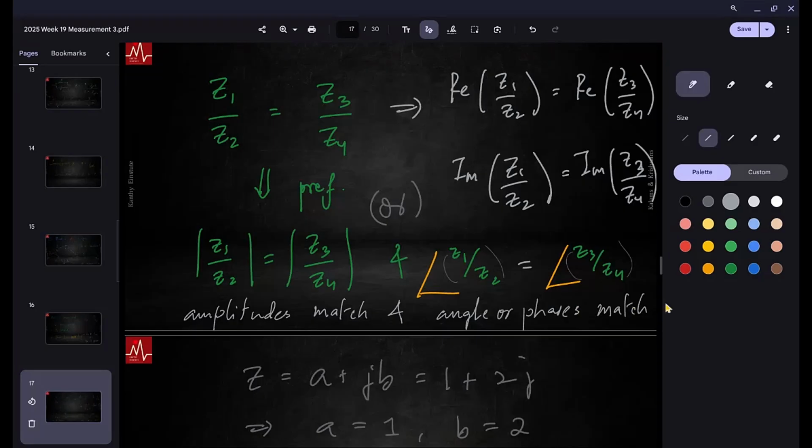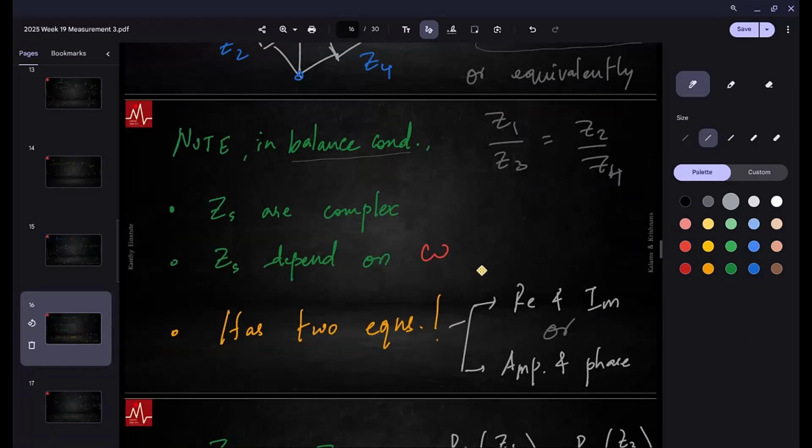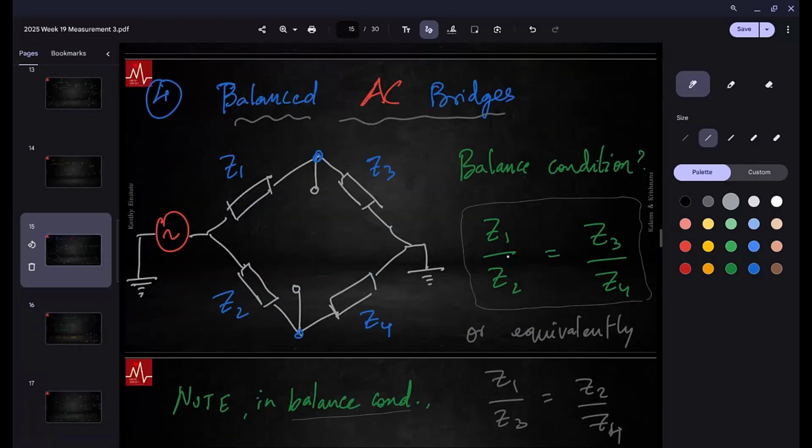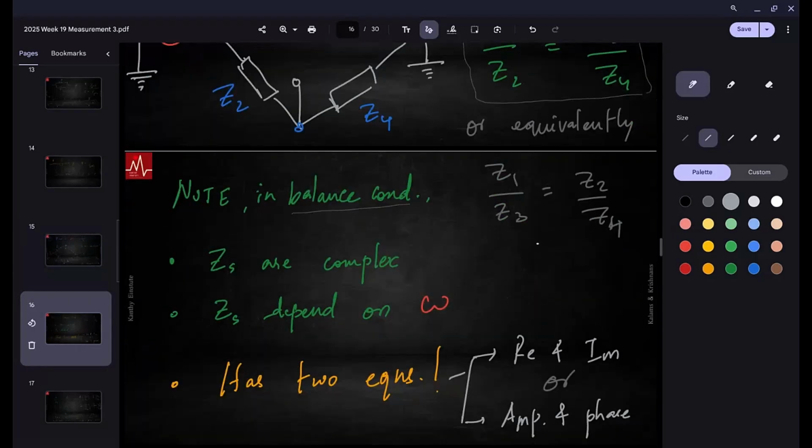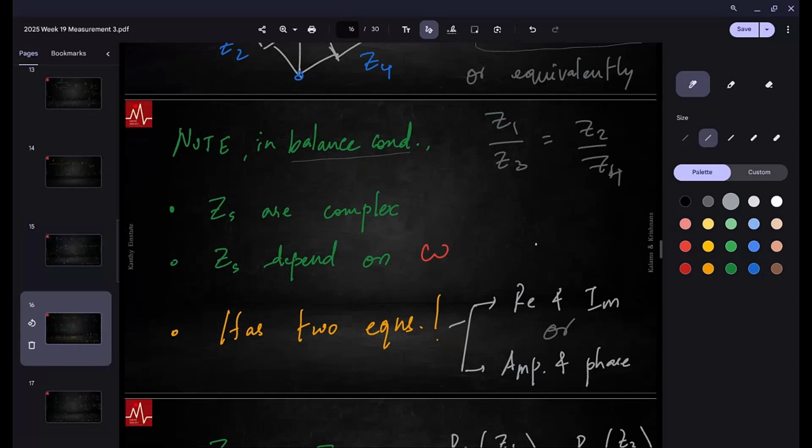So, summary: the condition is the same, but you're dealing with impedances, complex numbers. Because these are complex now, there are two equations. Although you're writing one equation, there are two equations there, and the equation is also frequency dependent.